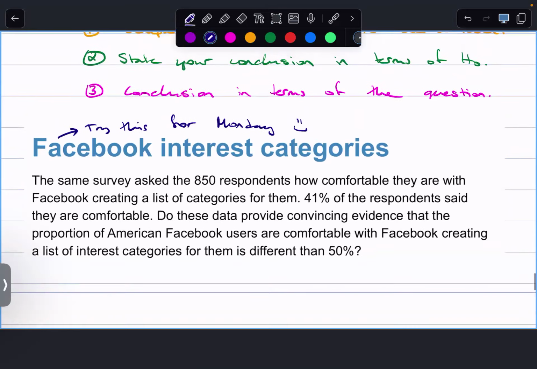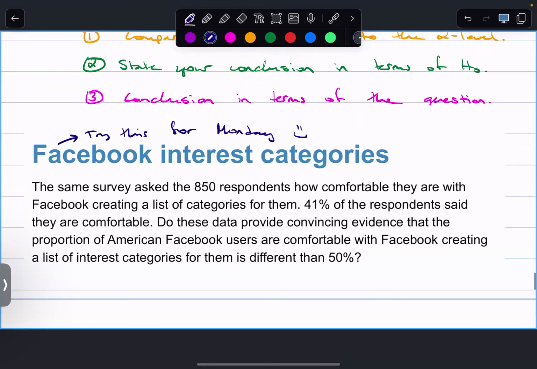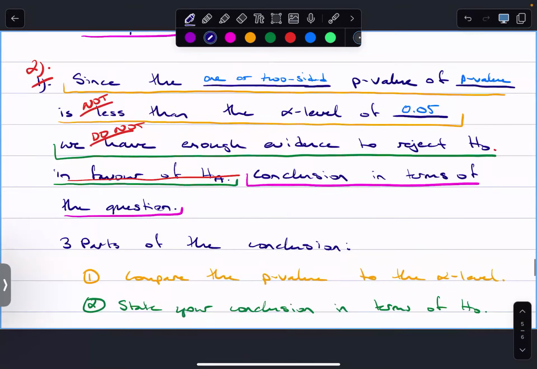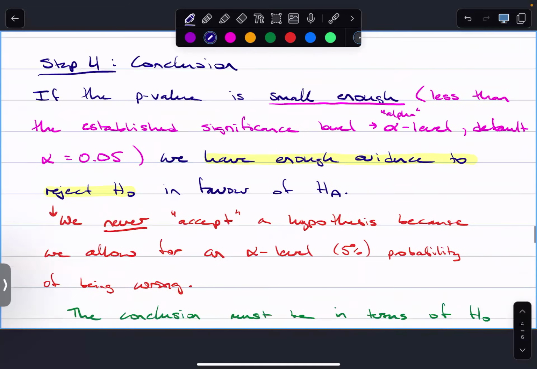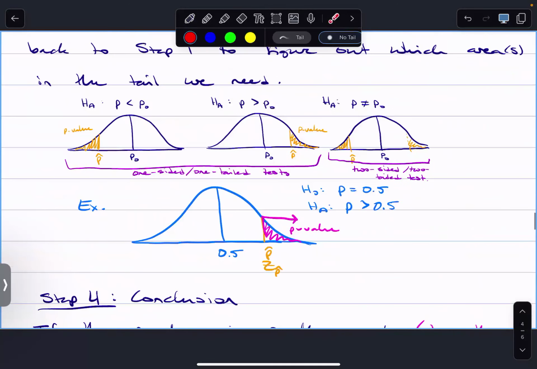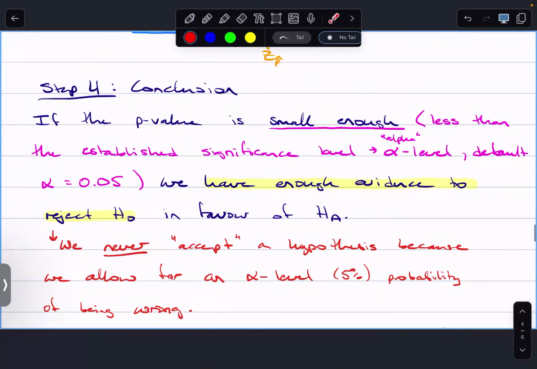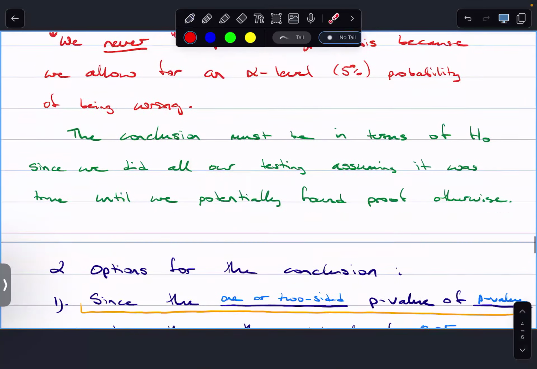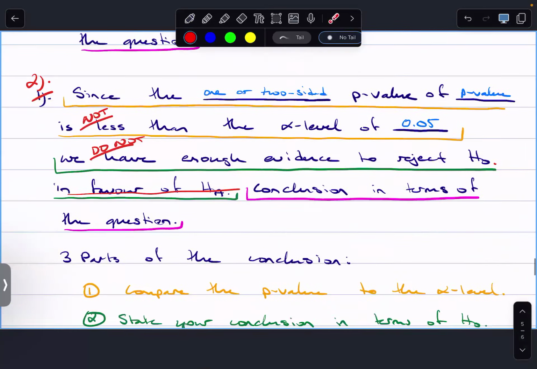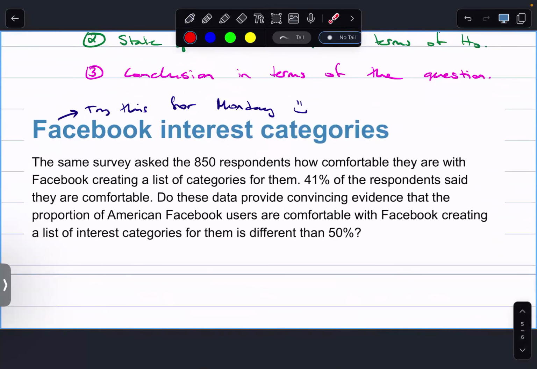The only thing to note is that you'll need to use Excel to find the p-value. So I'm going to do it beforehand and bring it in, unless I can figure out how to use Excel on my iPad. But I haven't even tried. So we'll stop there.